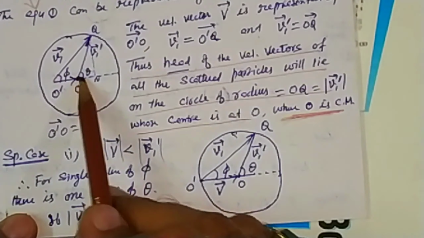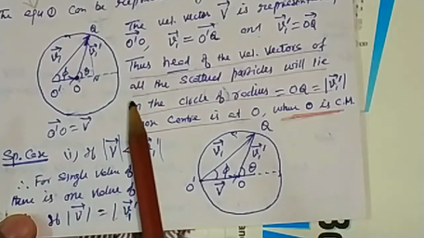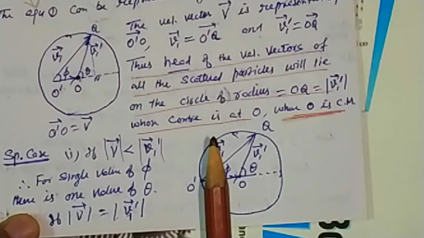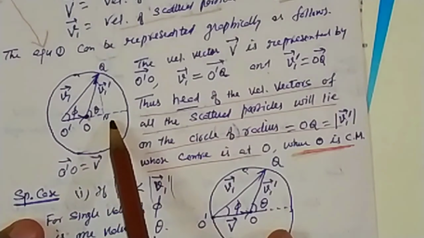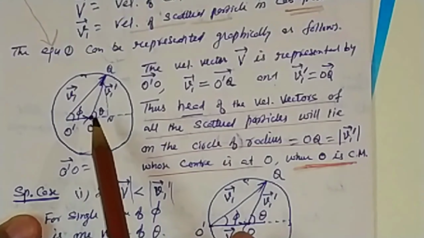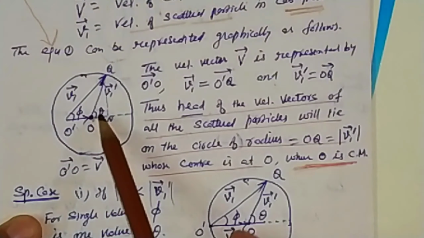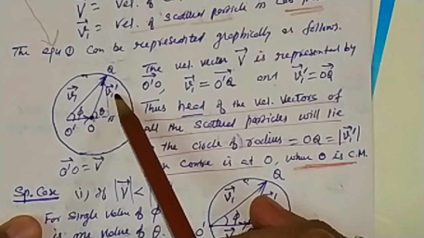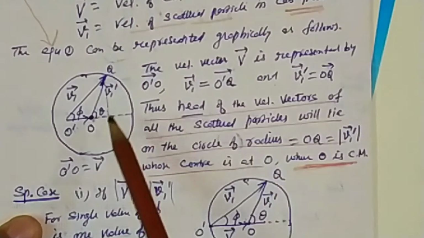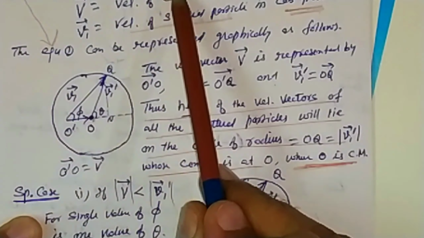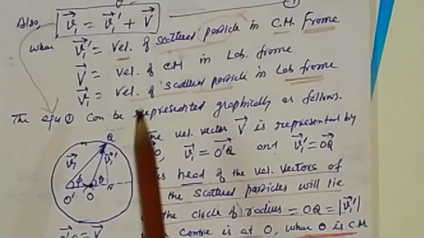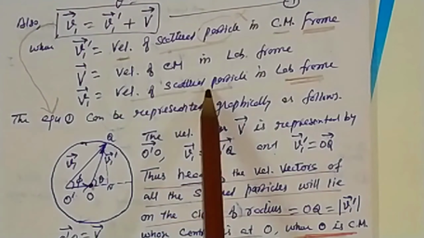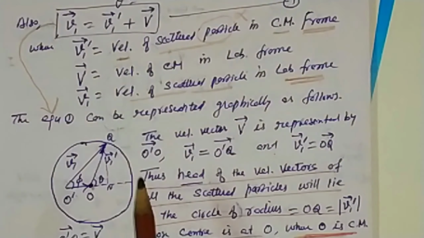I repeat, O, center of this circle, represents the origin of center of mass system. Okay. Now, this velocity v1 dash vector, what is this? Velocity of scattered particle in center of mass. And similarly, v1 is the velocity of scattered particle in lab system.